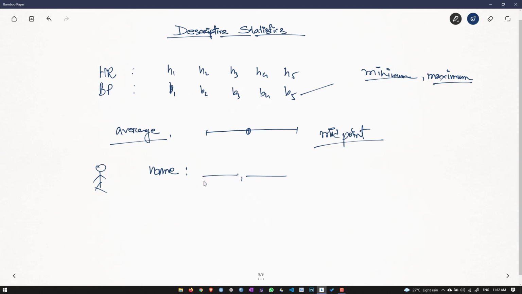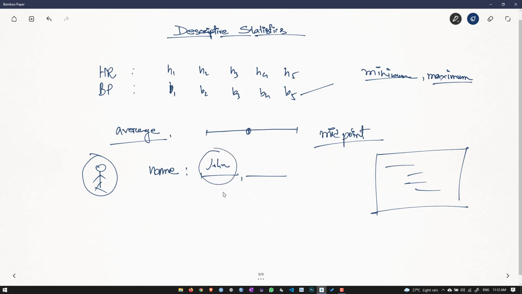If you only know his first name, let's say it is John, there will be so many people with the name John. So only knowing the name John is not enough to identify this person from a larger group of people living in a particular state or district or country, right? Only knowing his first name is not enough for us.